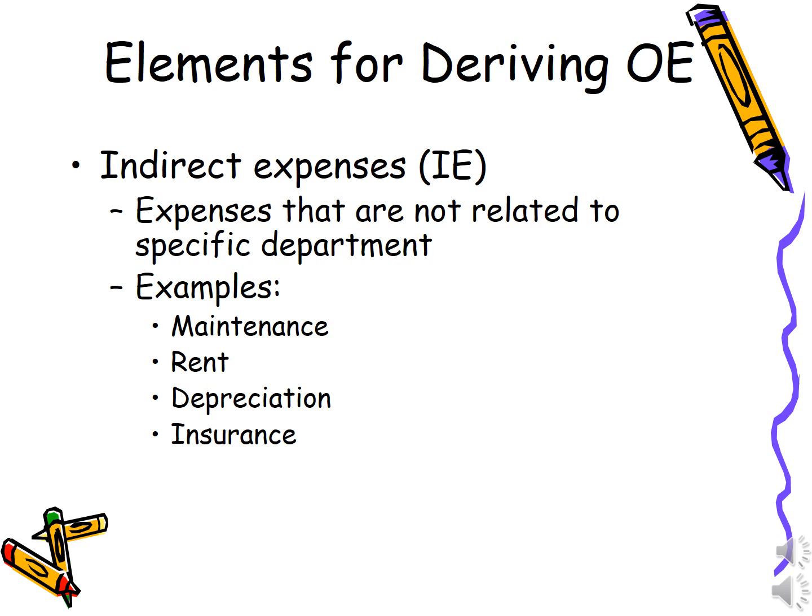Those are examples of indirect expenses. When those indirect expenses are incurred, the different departments will have to share a portion of it, right? So the portion that is assigned to your department will now become part of your department's operating expenses.